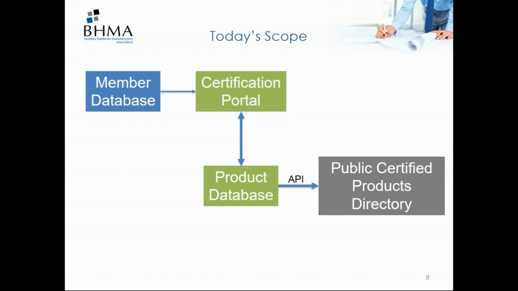That product database is really what houses all of the product data that's uploaded through the certification portal. It's connected to an API to route the information to the public certified products directory, which we are going to be working on. And that last box, the public certified products directory, will be used by the public, used by architects and specifiers in order to search for certified products.